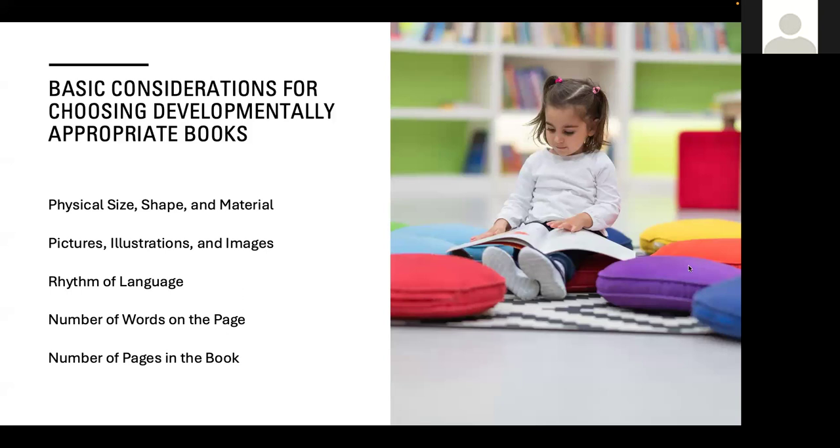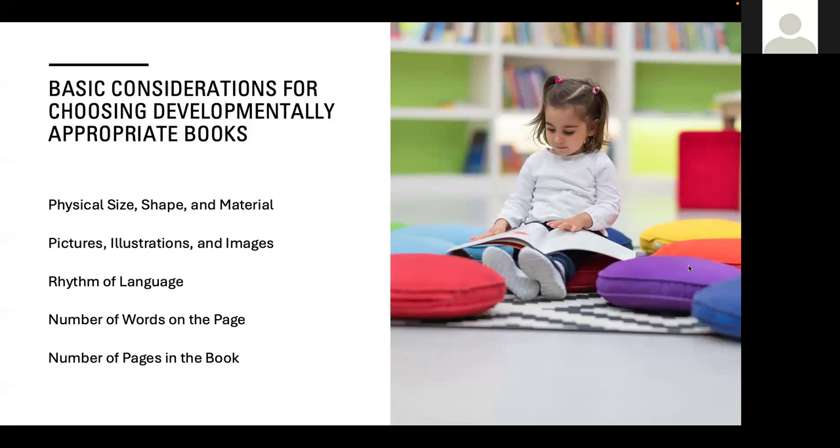And then thinking about the pictures and illustrations in the books that we give young children and knowing that there are differences, of course, for different age ranges. So board books tend to have very simple pictures and illustrations, whereas with picture books, we want to look for pictures that will both refine and extend understanding of the text.